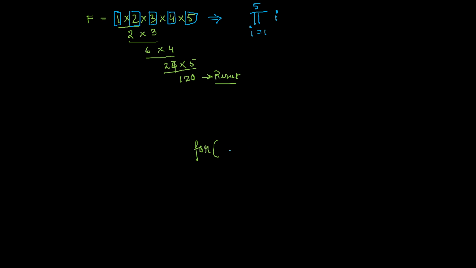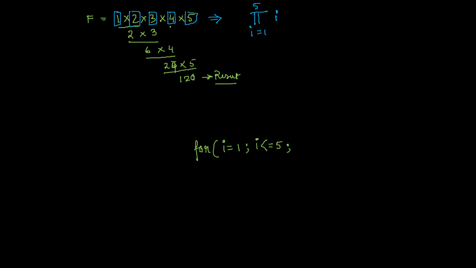So that means definitely your I will start from 1. What is the end? Up to 5. That means if I is lesser than or equal to 5, I will continue. And obviously I will be incremented by 1.